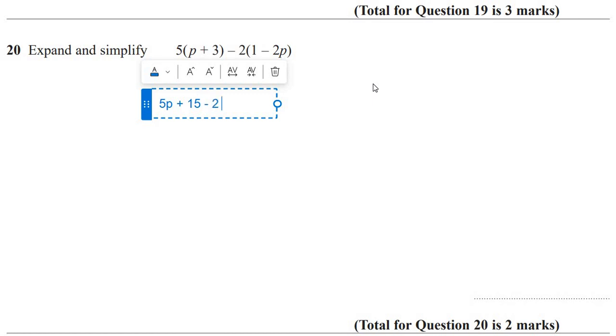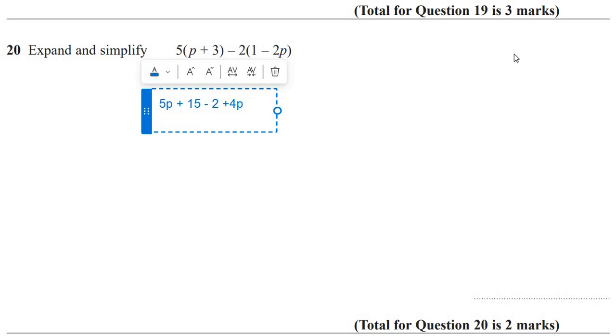And then here you need to be careful because you have two negatives, minus 2, and then you multiply by another negative 2p, so that will become positive. Two negatives become positive 4p.